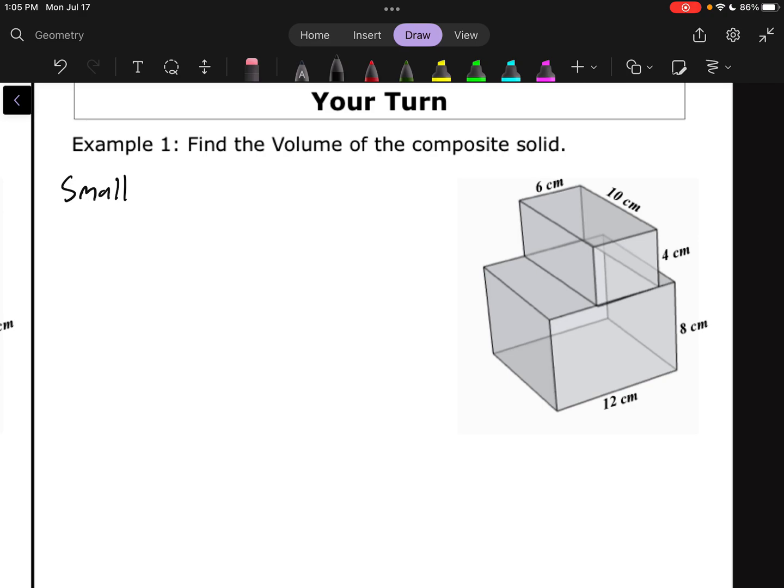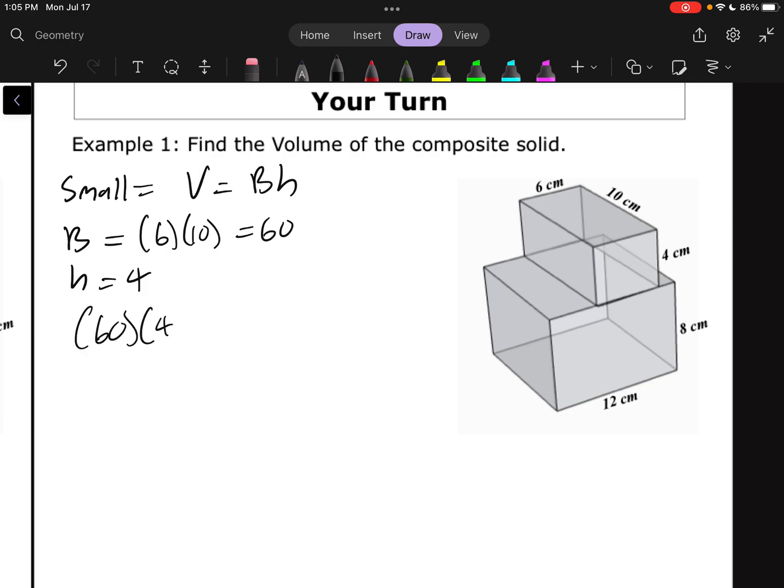All right, so I'm going to start off with the small prism up top. I'm just going to do big BH. Big B, I would do 6 times 10, which is 60. The height is 4, so we'll do 60 times 4 to get 240.